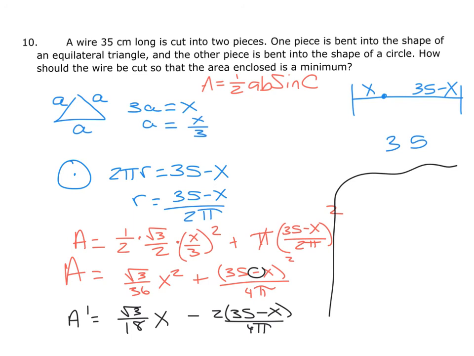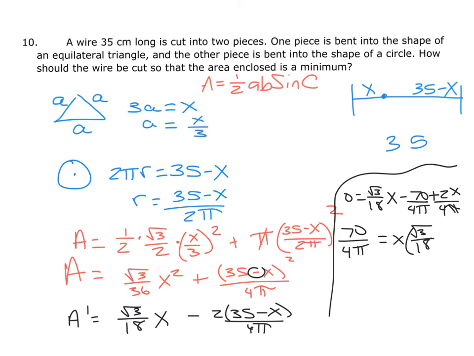I think the easiest way to do this. So 0 equals root 3 over 18x minus 70 plus 2x over 4 pi. This one's kind of gross. So what I did was I moved the 70 over 4 pi over, and then I factored out the x, root 3 over 18 plus 1 over 2 pi.